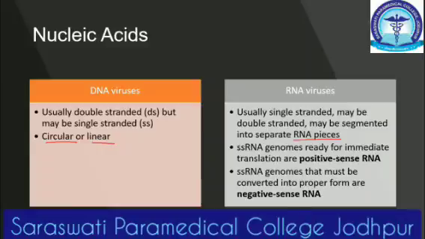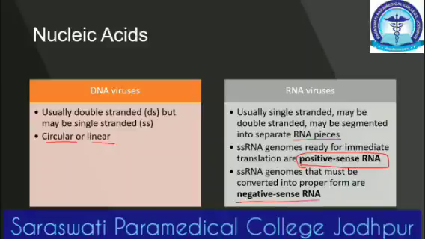Single-stranded RNA genome ready for immediate translation is positive sense RNA. They are known as positive sense when the single-stranded RNA is immediately ready for the translation process. And single-stranded RNA that must be converted into a proper form is known as negative sense RNA.